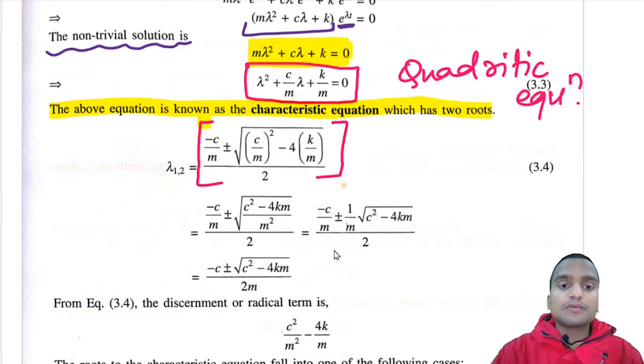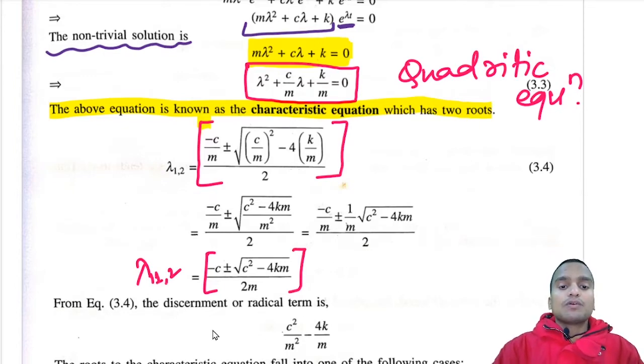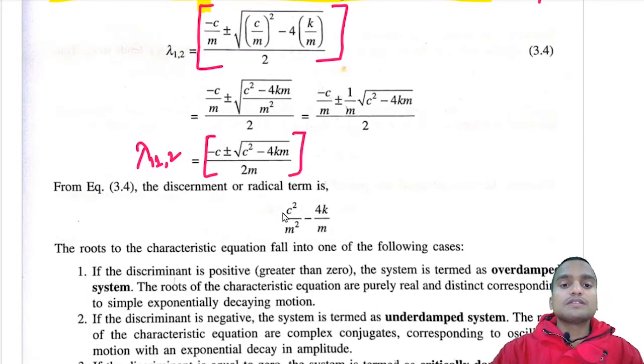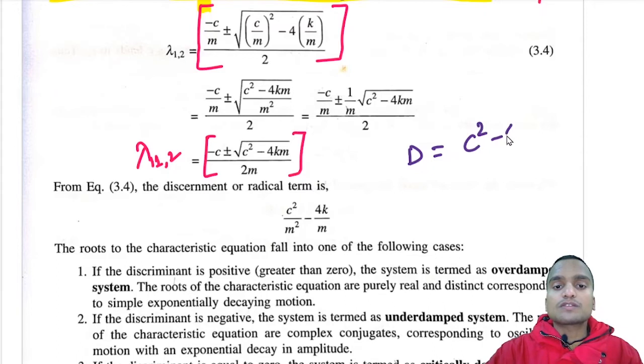Now we can write this as this value also. This is lambda 1, 2. Now here the discriminant, or the radical term, is c²/m² − 4k/m, or you can write the D value as D = c² − 4km.